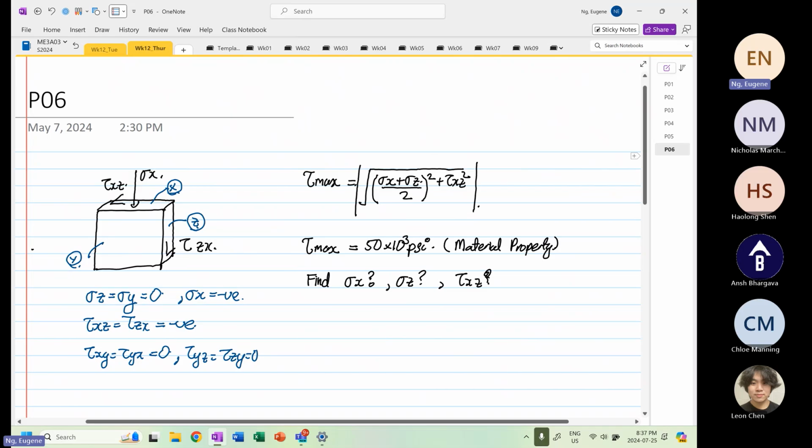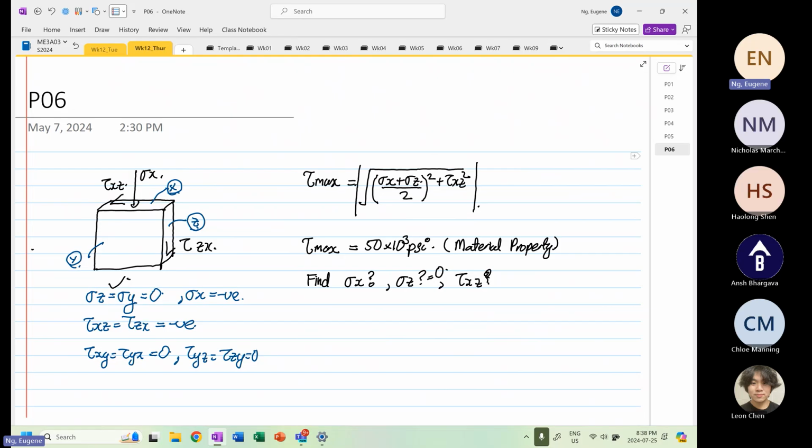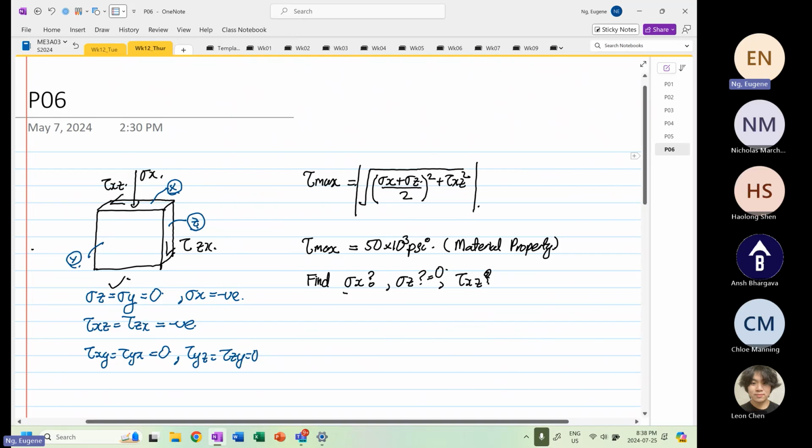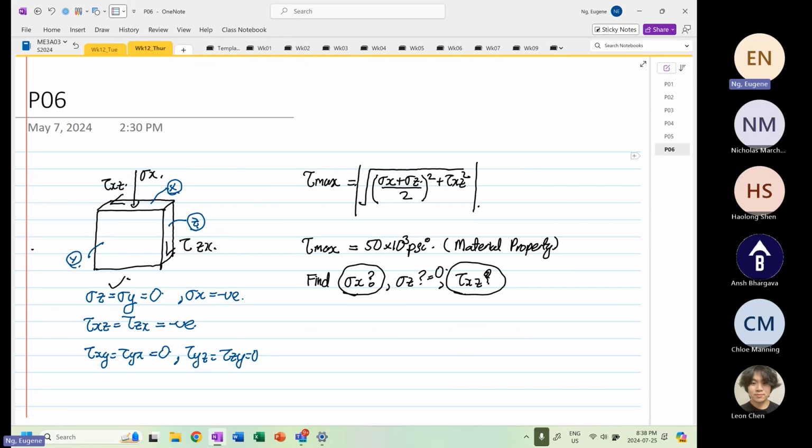By the way, we know that normal stress Z is equal to 0. So more or less, now we have to identify our stress X. We don't know stress X, we don't know shear XZ. So from here, we're going to find these two values, and once we find them, we plug them in.